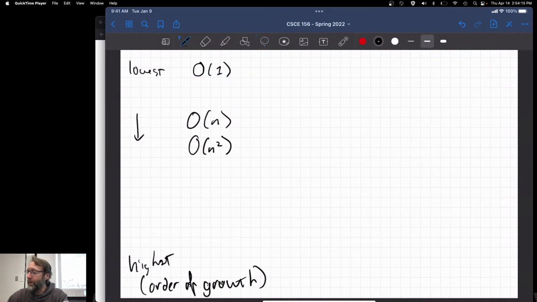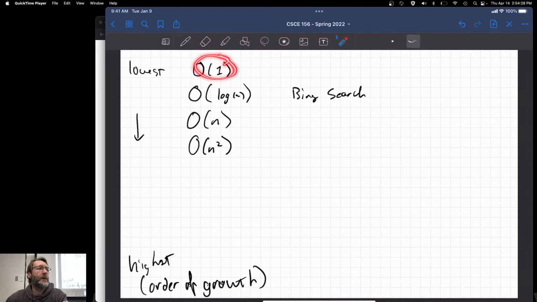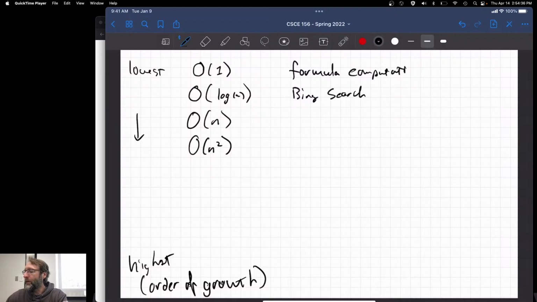Give me some other functions. Log n, the one that we just did for binary search. What would be an example of an algorithm that would not take any time at all? Well, it would take a constant amount of time. Maybe a formula computation, right? 2 times n.